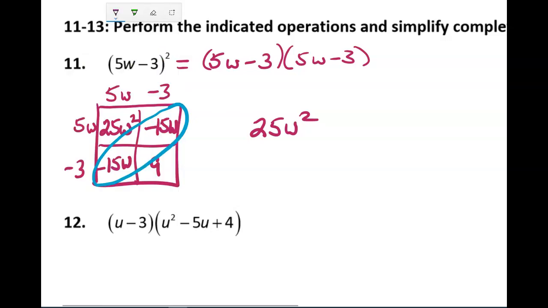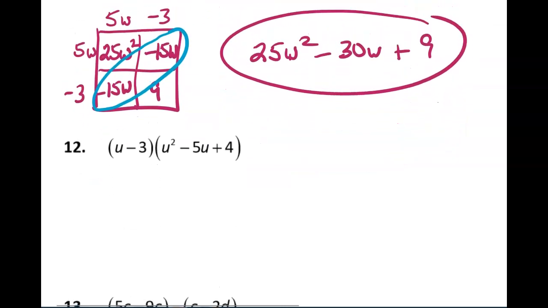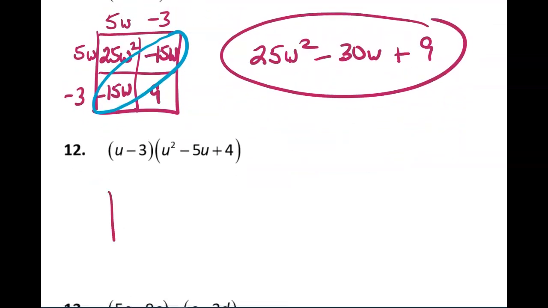Combine those, and we have minus 30w plus 9. Make sure that you put it in descending powers. That is, you want to write the squared term first, followed by the w term, followed by the term with no variables. All right, we're going to do the next one in a very similar way because we have a trinomial times a binomial.